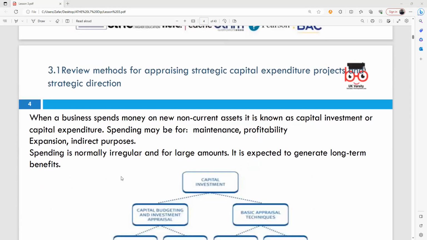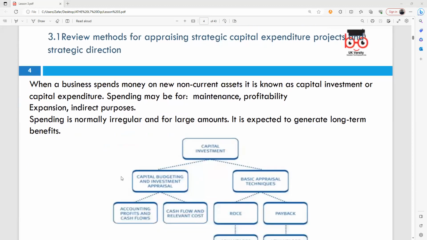So let's look at 3.1, the methods for appraising strategic capital expenditure projects and strategic direction. What it means is that the company is going to spend money on buying assets, some of those being non-current assets.